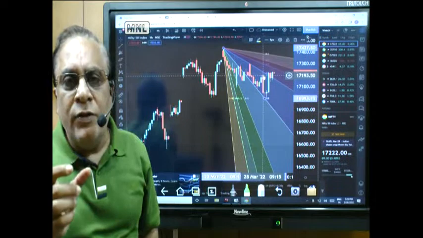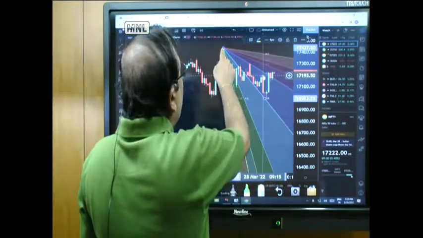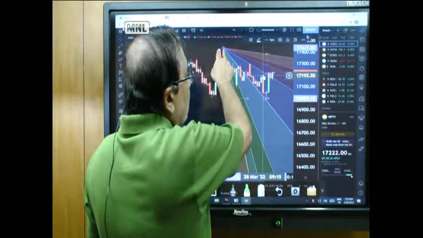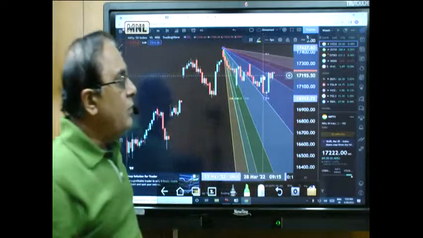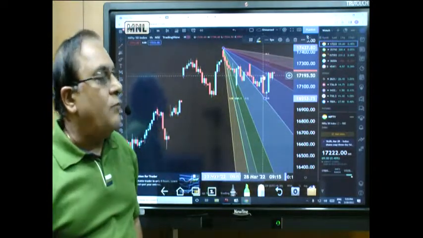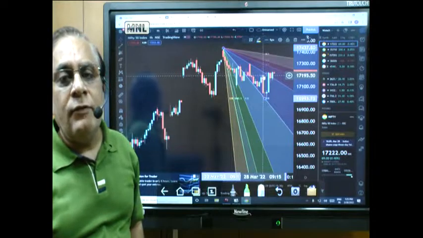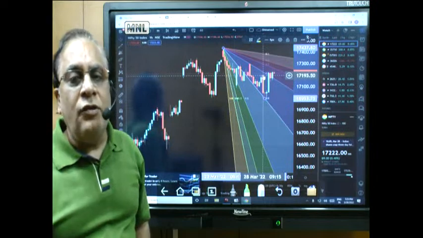What is the trend on which you are trading? Now I am saying that I am trading the trend from this high of 17,440 to 17,003. If that be the case, then the first thing to say is that the stop loss for us comes closer to the 17,194, 195 levels, because for that particular trend, that is the stop loss.